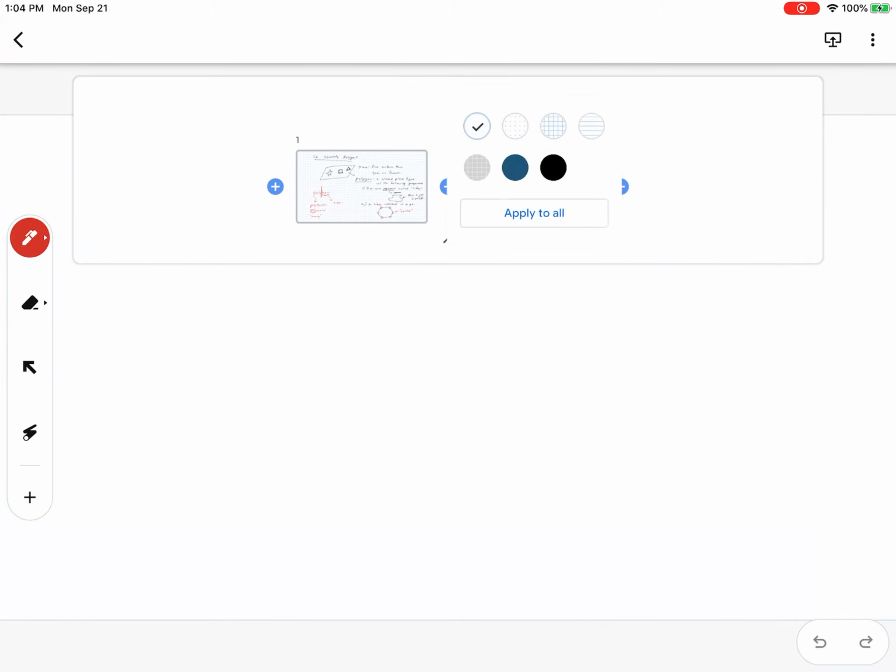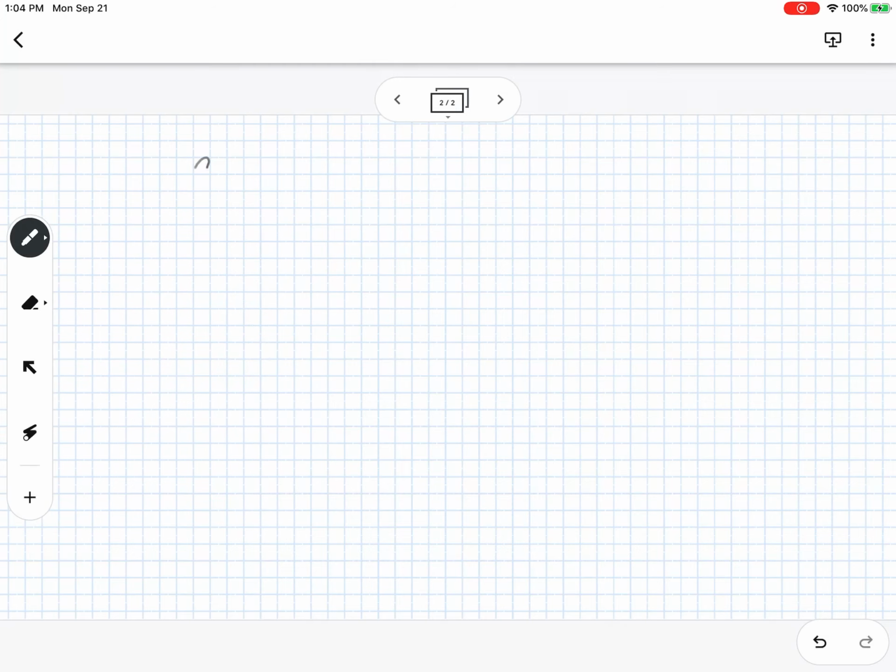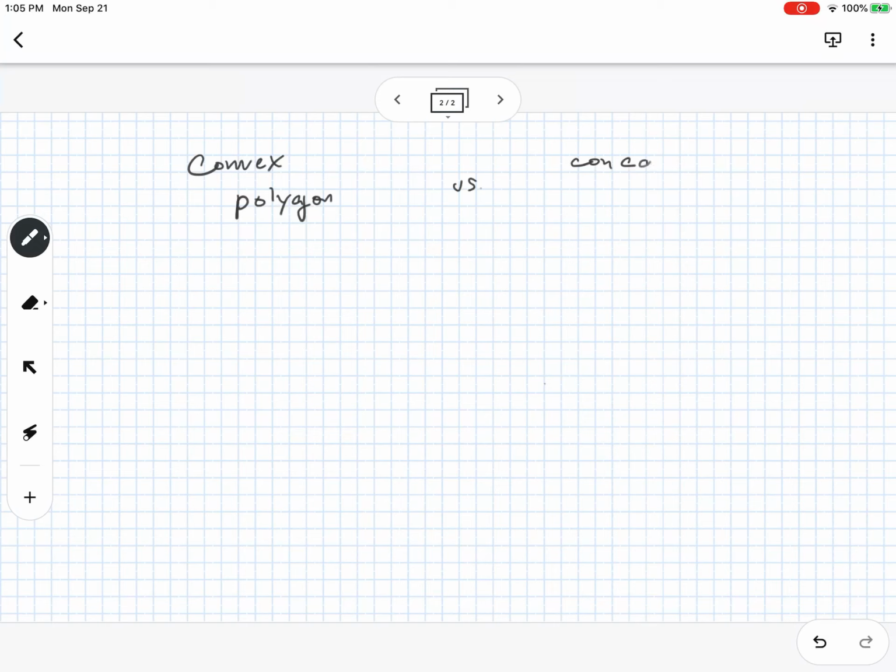Now, a polygon you can classify in 2 ways. It can either be convex or concave. Your convex, I would say, is more like your normal polygons, and your concave, I would say, are like your abnormal polygons.